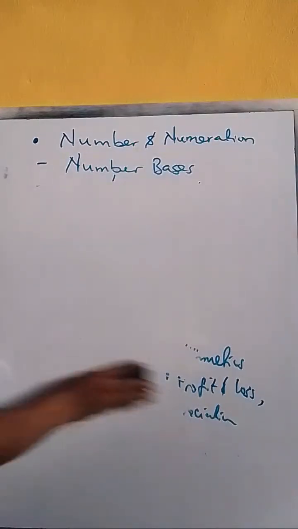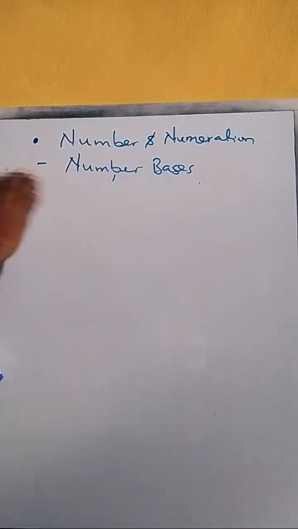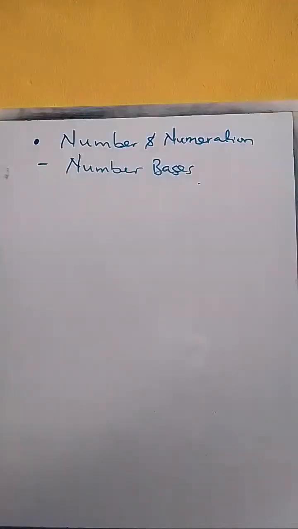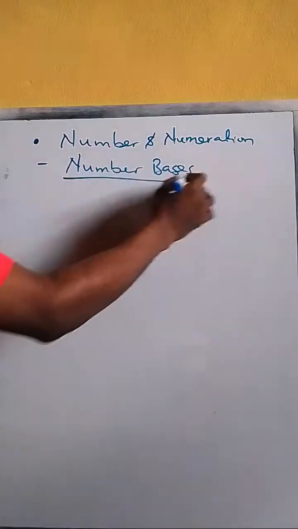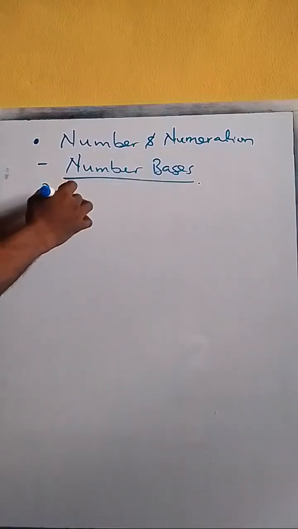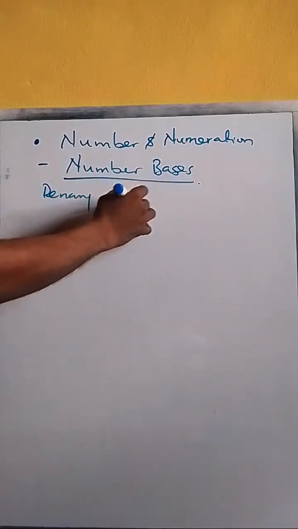And when we talk about number bases, we have different bases in mathematics. The normal counting numbers we use in mathematics are in base 10, which is also called decimal numbers, or denary.